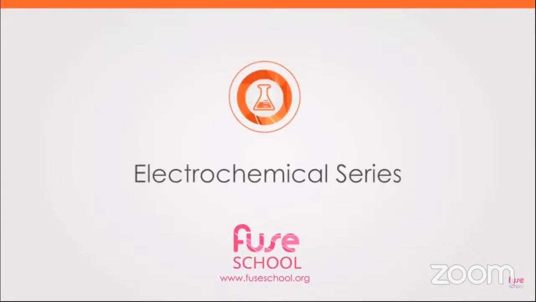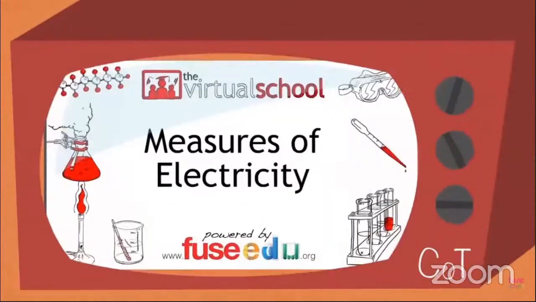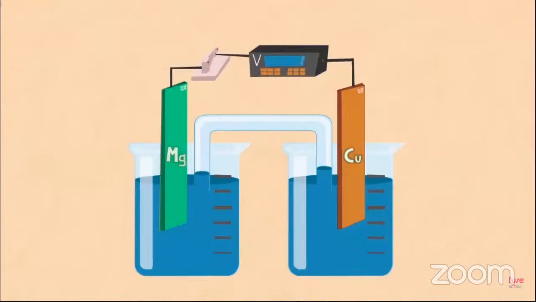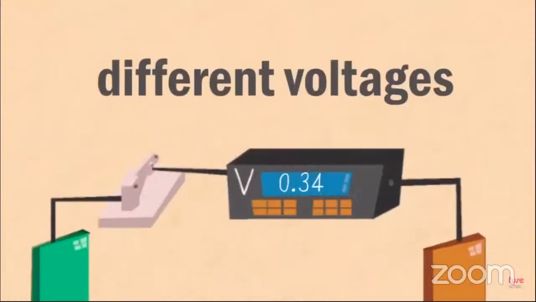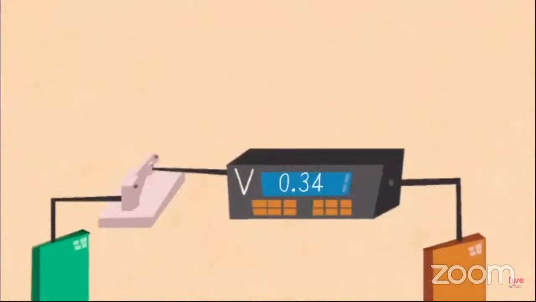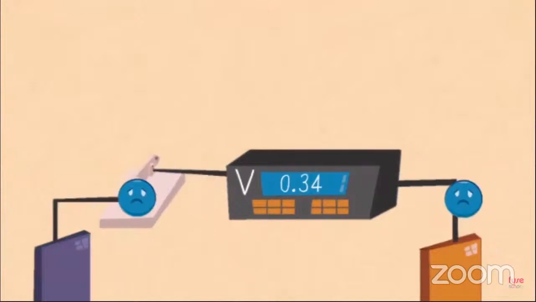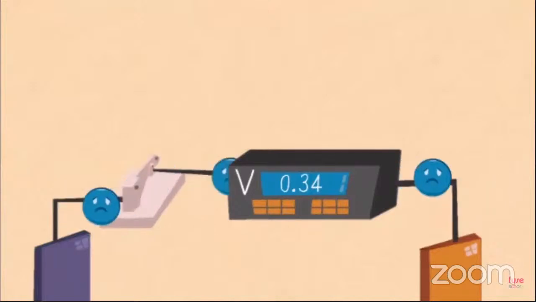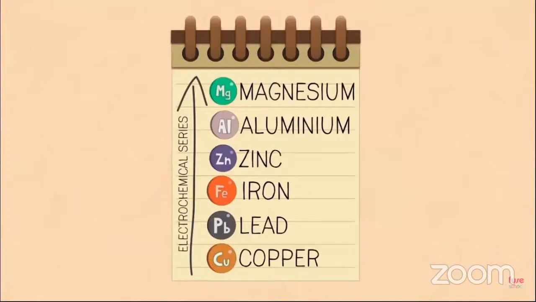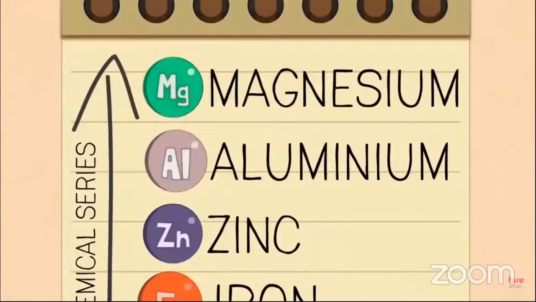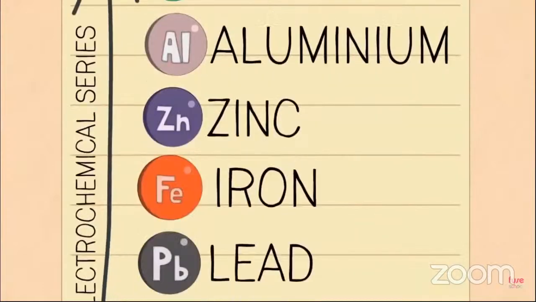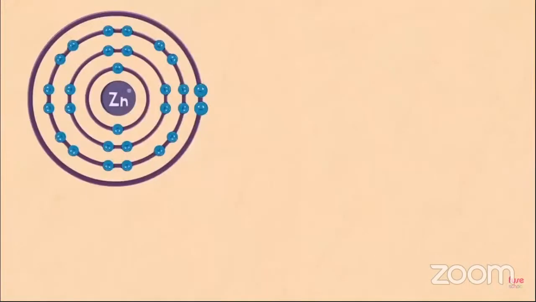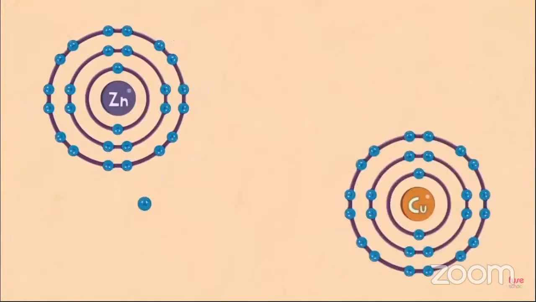In this video, we're going to learn about the electrochemical series, what it is and how it is used. In the video Measures of Electricity, we found out that different combinations of metals produce different voltages, and this depends on how strongly the metal could force its electrons to move across a cell. The electrochemical series is a list of metals and other substances arranged in rank order of how easily the atoms may lose electrons.